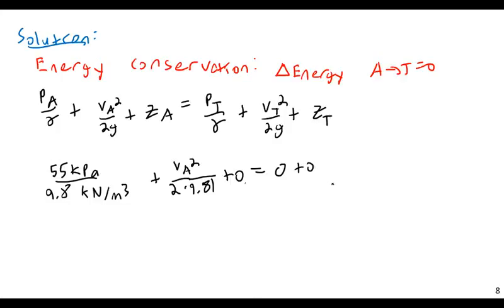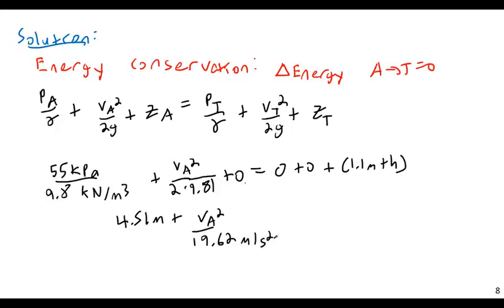And then plus 1.1 meters plus h. So this boils down to 4.51 meters plus VA squared over 19.62 meters per second squared is equal to h, essentially.